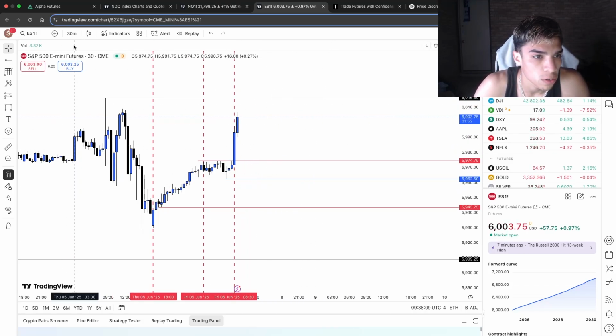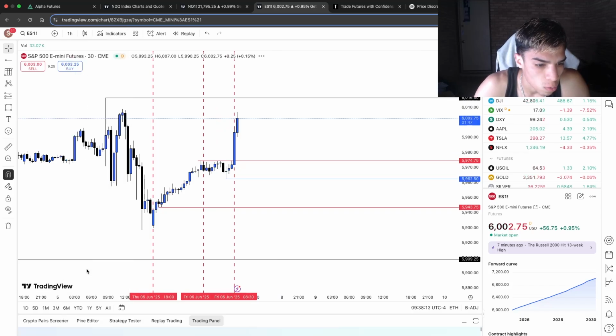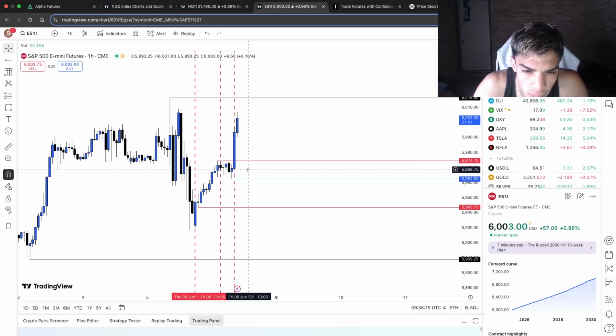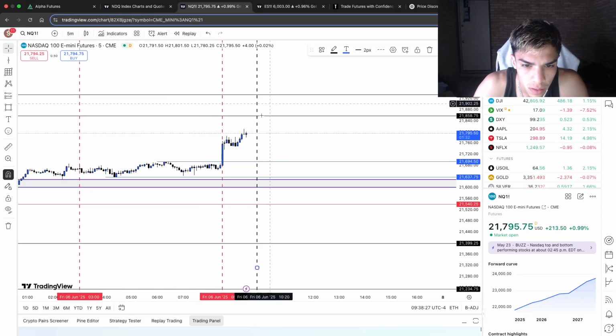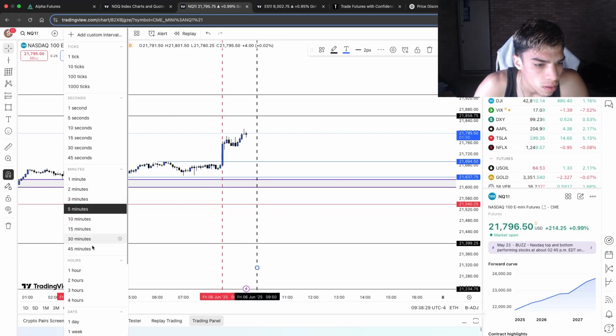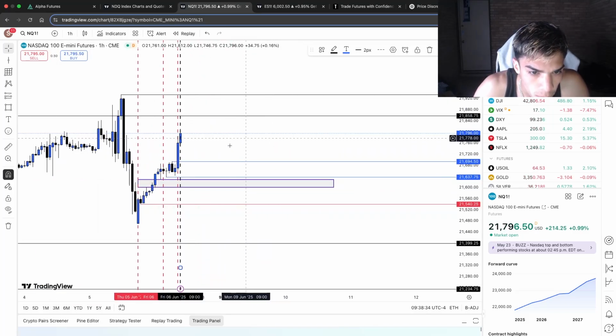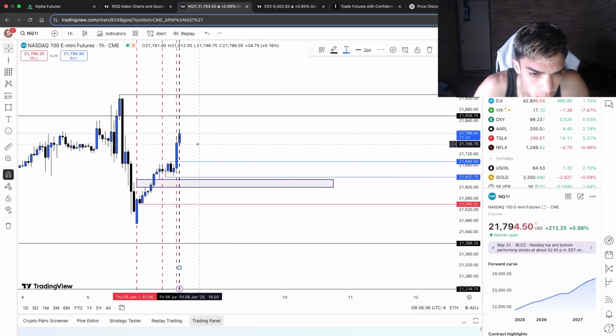Okay, so let's scale down to... Oh no, let's look for any fair value gaps on the 1 hour. Any fair value gaps on the 1 hour? There's a fair value gap here actually. Let me see. Go back to the 1 hour over here. If it's the same fair value gap. There is a fair value gap on the 1 hour right here. Wait, what's this?